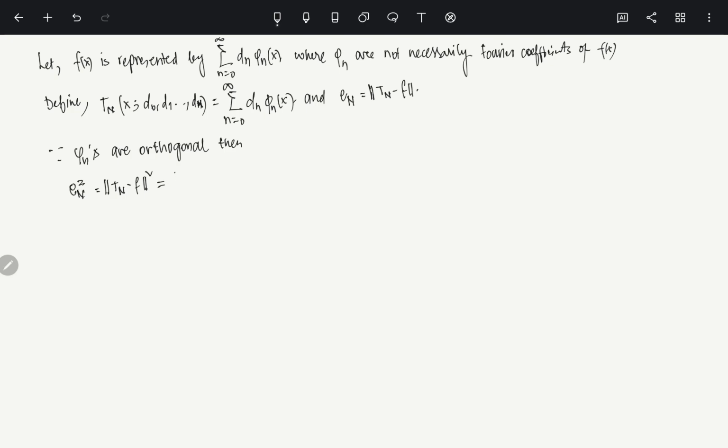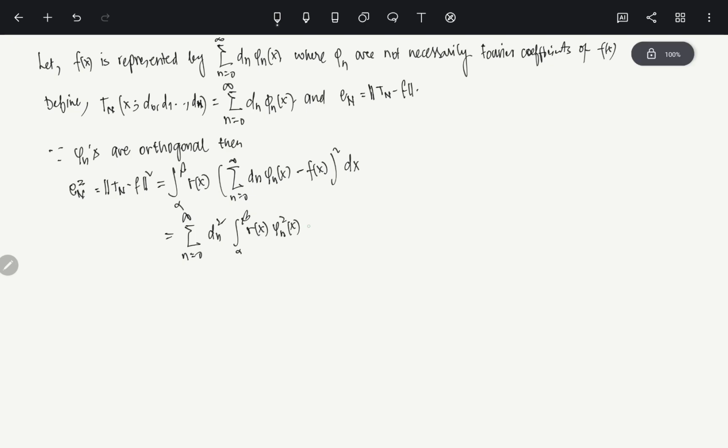By definition, it is the integral from alpha to beta of r of x times the summation of dn phi n of x minus f of x, squared, dx. Now we can just break it up. This is the summation of dn squared times the integral from alpha to beta of r of x phi n squared dx, the first term.